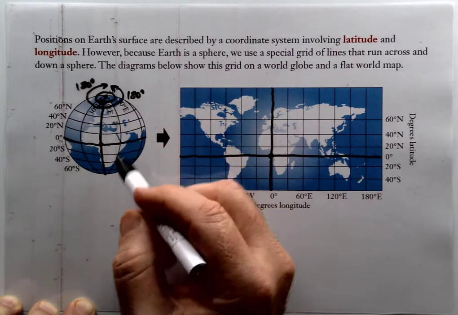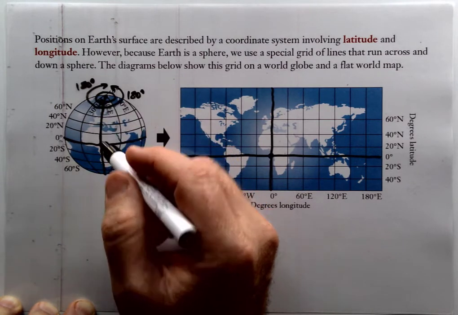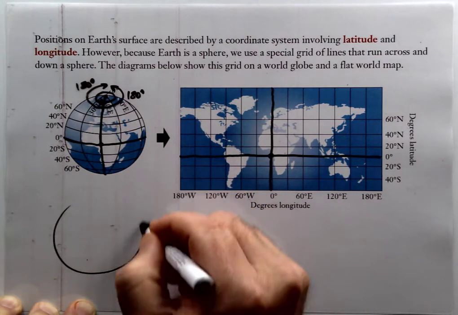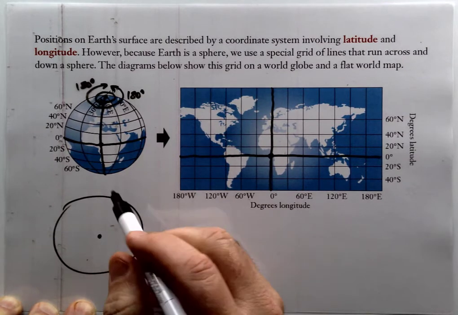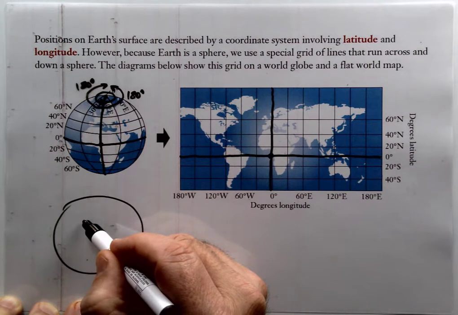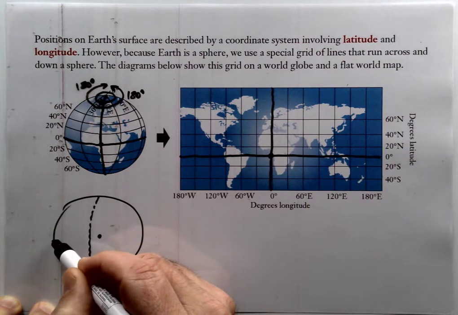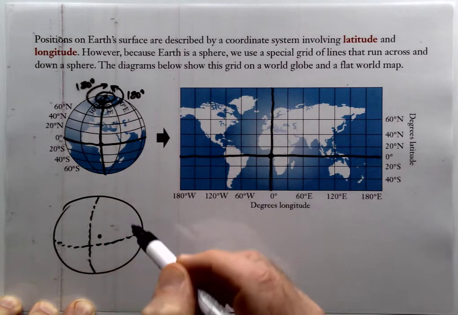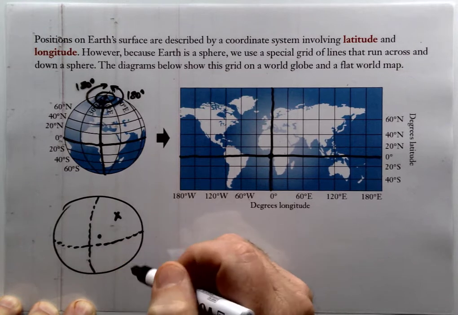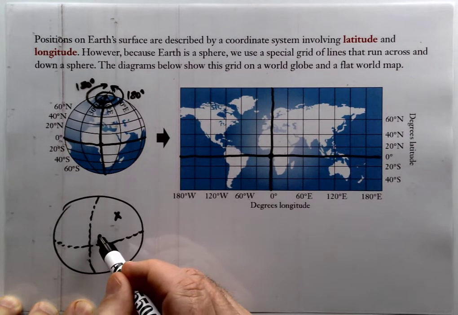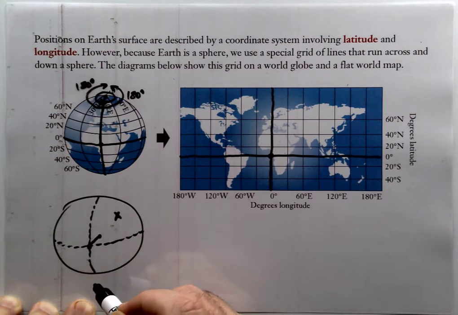Now, to give you an idea of what's actually happening with these degrees, imagine taking this sphere and trying to find the centre of the Earth. If I wanted to work out the coordinates of a particular point, let's mark that line there on the equator. We'll talk about what they're called later. What I've got to do is draw a line from the centre of the Earth through to the origin.